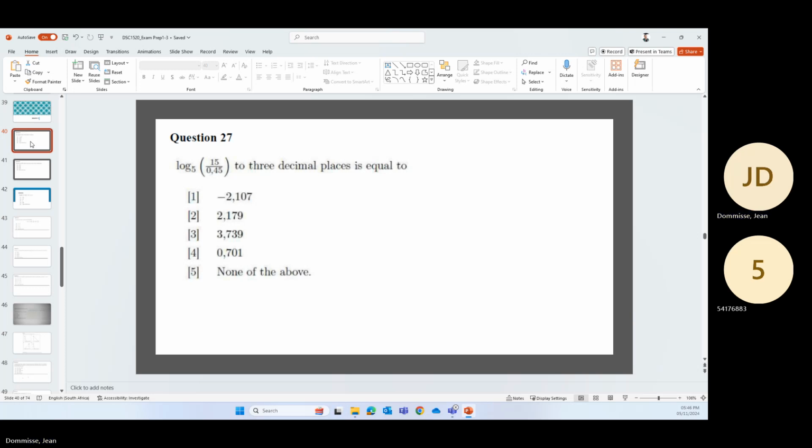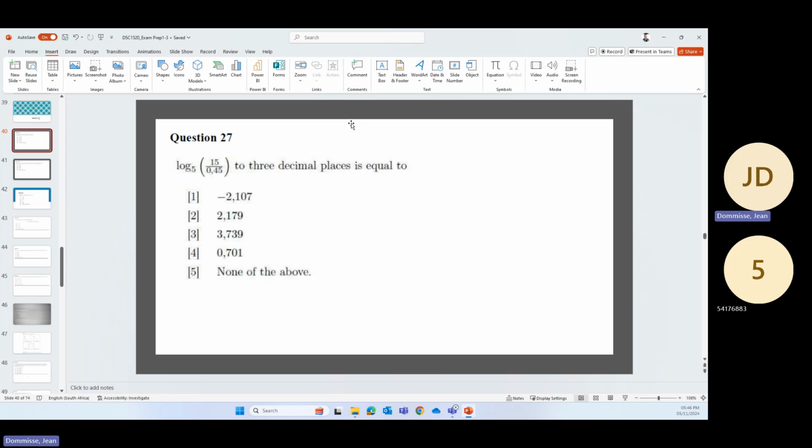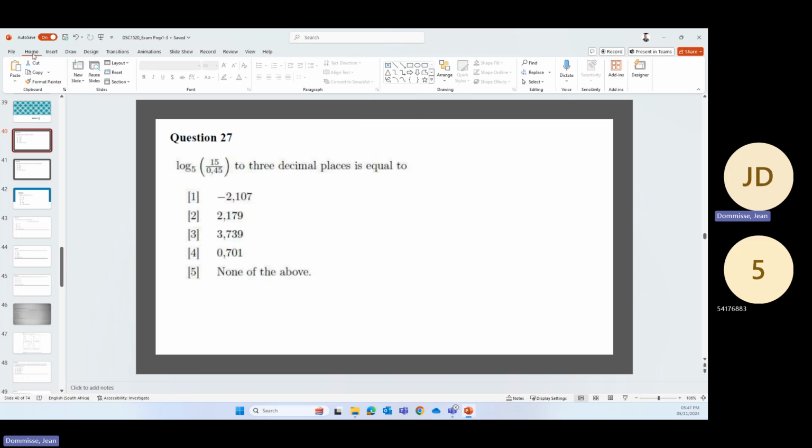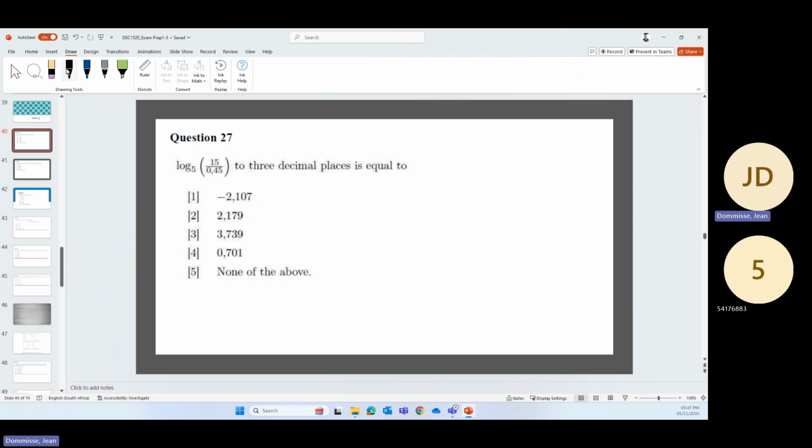So firstly, looking at logs, and I think what is important with this one is, remember, you are allowed to use your calculators. Some of the calculators have this built in.